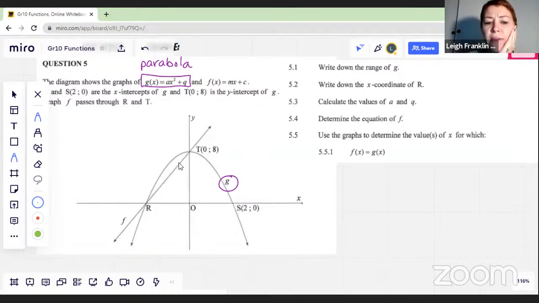So either they can be sad-faced, like this one is, or, Katlejo, they can be happy-faced. So it's going to be an arch, either an arch that's sad, or an arch that's happy. When we talk about the range, right?